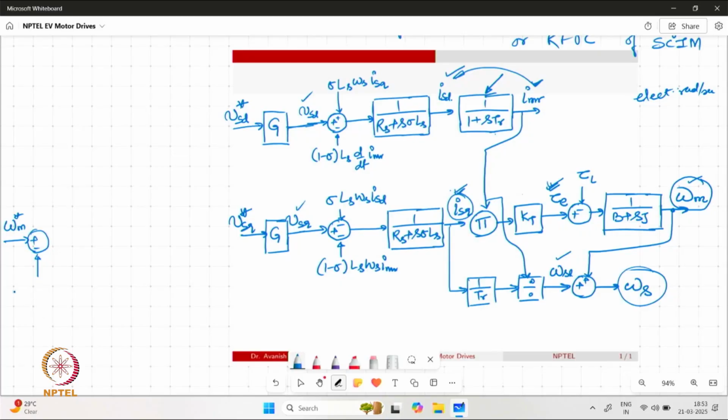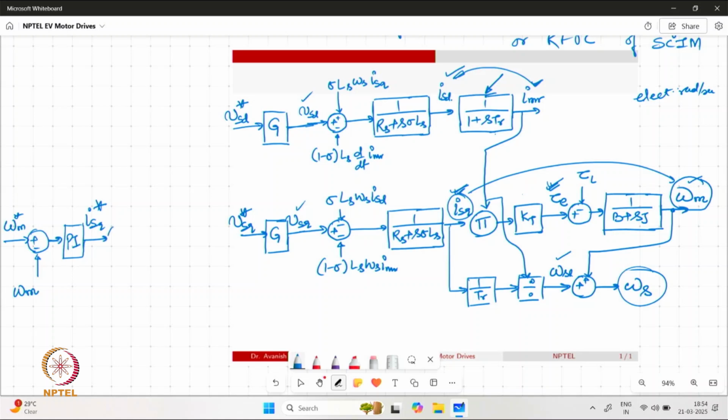So we will have the feedback of the actual mechanical speed, and the error between the reference and the actual speed will be processed through a PI controller. Eventually this PI controller would generate the cause which is affecting the change in speed. It is affected by the torque, which is eventually dependent on ISQ. So which is why we would be generating the reference for ISQ here. I am marking it as ISQ star.